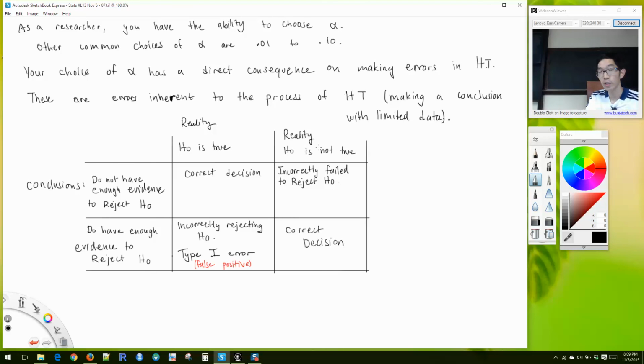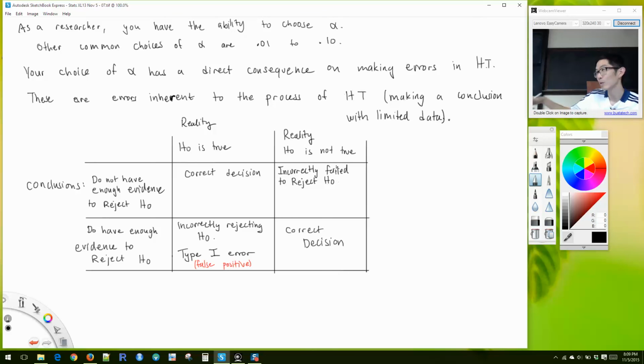So over here, the null hypothesis is not true, but for whatever reason, our data did not lead us to this conclusion. So maybe we didn't gather enough data, so our conclusion was inconclusive, or maybe our data happened to be a fluke that made us believe that the null hypothesis is not wrong.